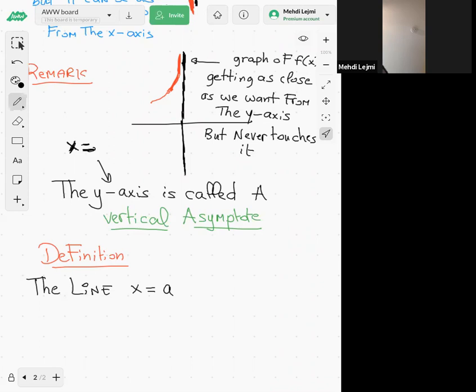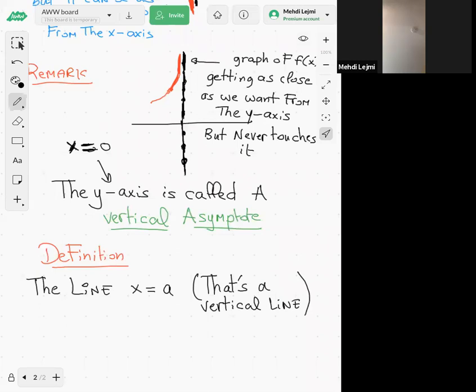So when I say the line x equal to a, that's a vertical line. The equations of vertical lines are always of the form x equal to a number, right? So for example, the y-axis is x equal to 0 because any point on the y-axis has x coordinate 0. The line x equal to 8 is a vertical line.